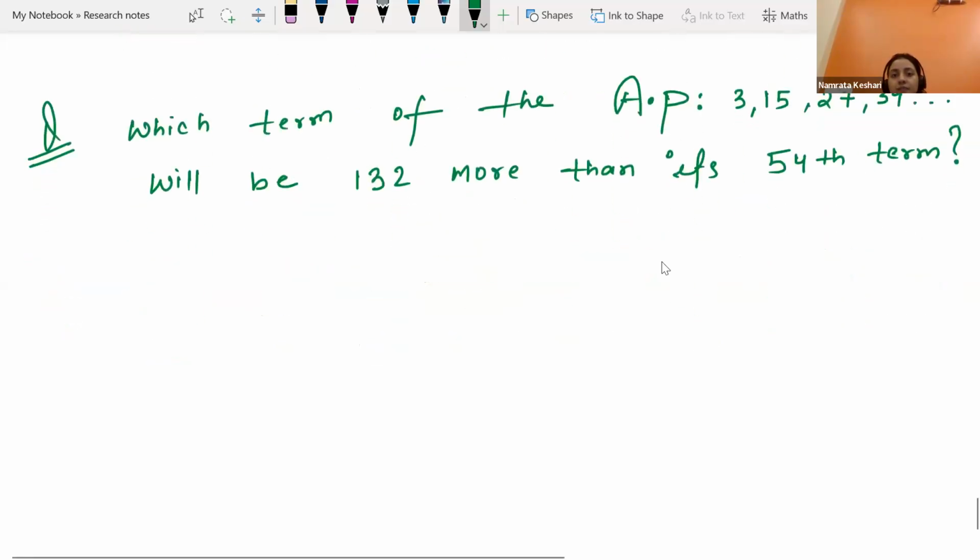Which term of this AP will be 132 more than its 54th term? From this AP, which term? Maybe the nth term.